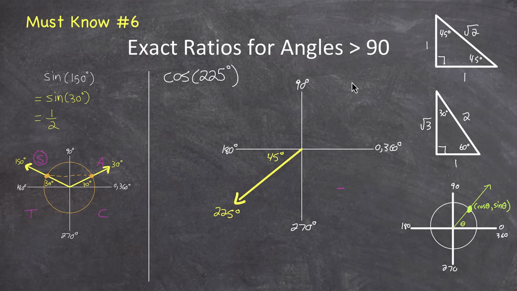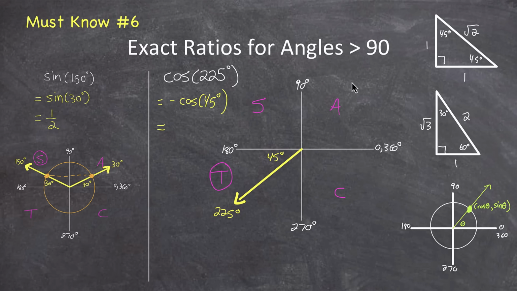And don't forget, based on the CAST rule, in this quadrant only tan ratios are positive, which means any cosine ratio of an angle in that quadrant will have to be negative. So I can change the principal angle of 225 to the reference angle of 45 as long as I make the cosine ratio negative. So I can say this equals the negative cosine of the reference angle 45 degrees.